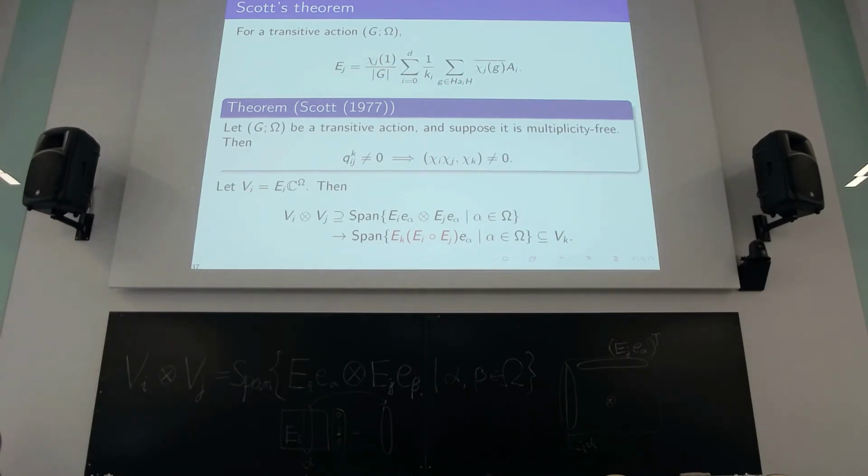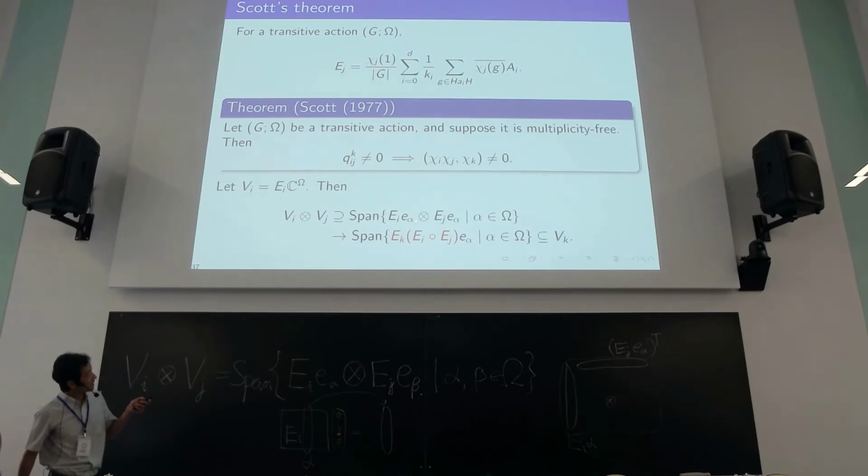And also another thing one needs to check is that if you map this particular vector to this particular vector, then it is a well-defined homomorphism of the linear space, and in fact it is also compatible with the group action. You see, it's not so obvious because these vectors are not linearly independent.